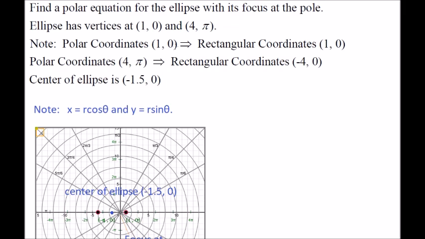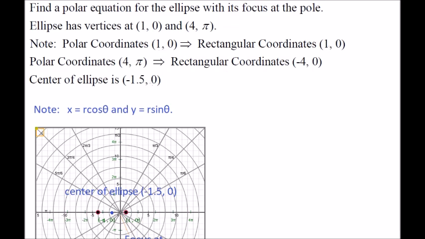To find the corresponding rectangular point, we use these formulas: x is equal to r times cosine of theta, y is equal to r times sine of theta. For the point (1, 0), r is 1, theta is 0. In the place of r we have 1, in the place of theta we have 0. 1 times cosine of 0 is 1, and so x is 1.